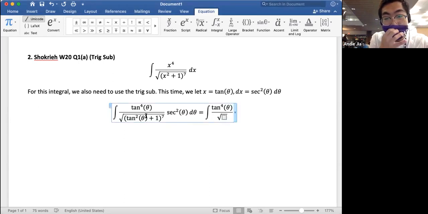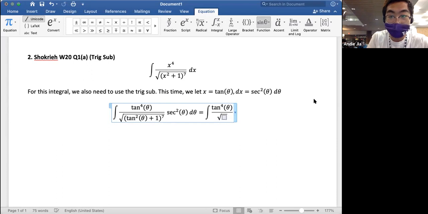So this is going to be secant squared, then the 2 power and the 2 cancel out. So it is still secant to the 7th, and this is going to be like this.